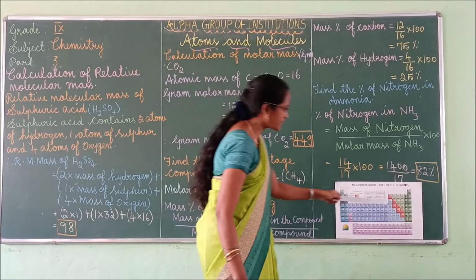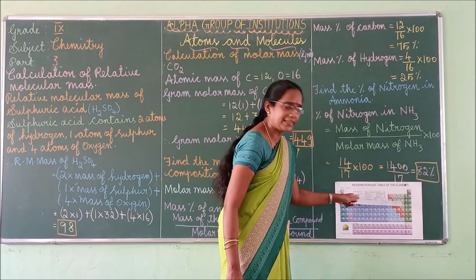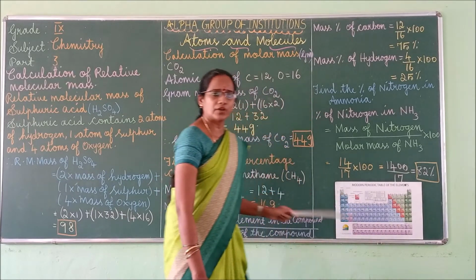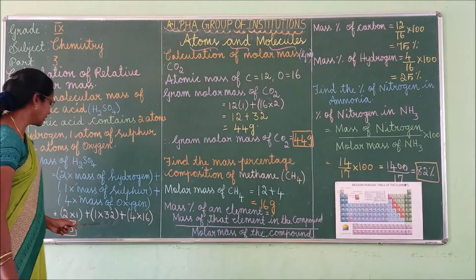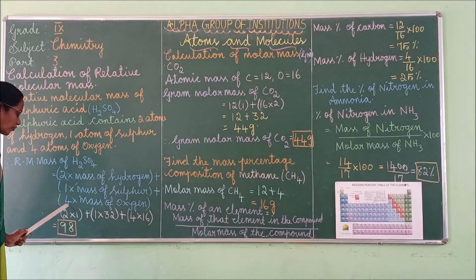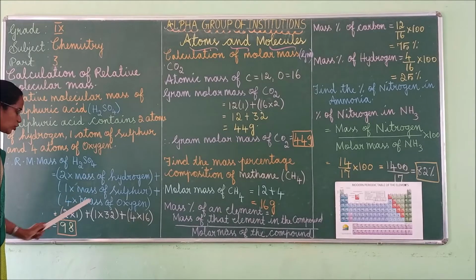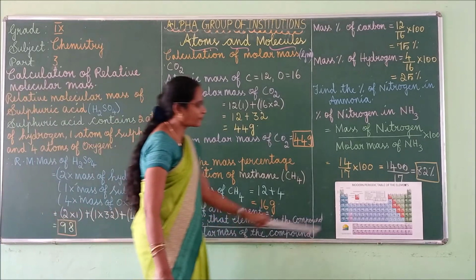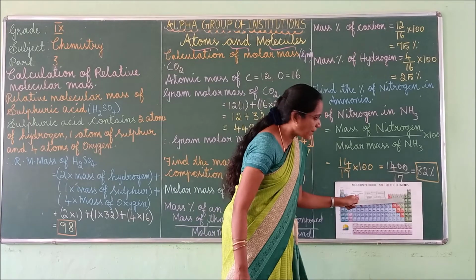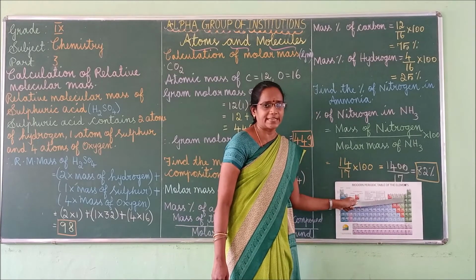The atomic mass of sulfur is 32, plus 4 into, that is 4 oxygen atoms, so 4 into the atomic mass of oxygen, which is 16.